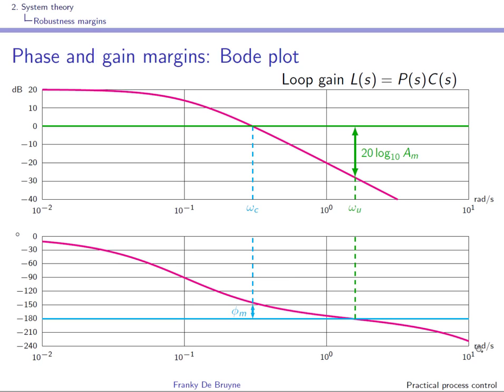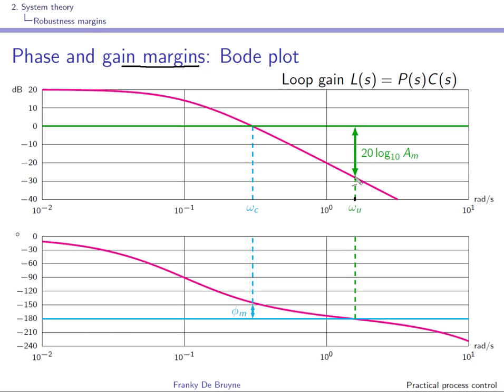In order to obtain the gain margin, you have to look for the frequency where the phase shift is minus 180 degrees. So this is this frequency over here, and this is called the ultimate frequency. At this ultimate frequency, the loop gain should be, of course, smaller than 1.